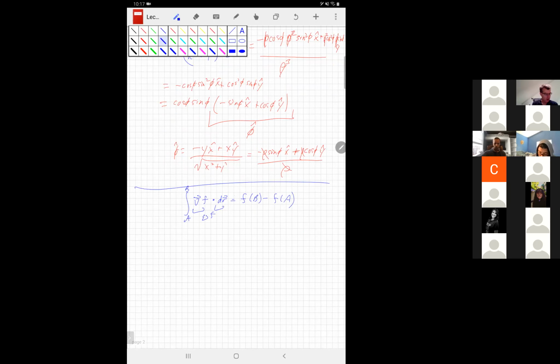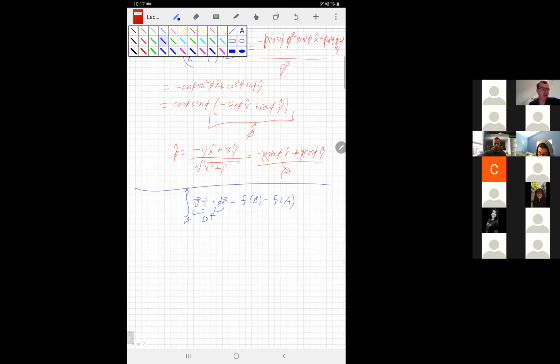So we're adding up all the changes in f as we go from one spot to another. Now, first of all, let me say that this line integral is important in electromagnetism because you can use it to calculate voltage. It's important in mechanics because you can use it to calculate work.